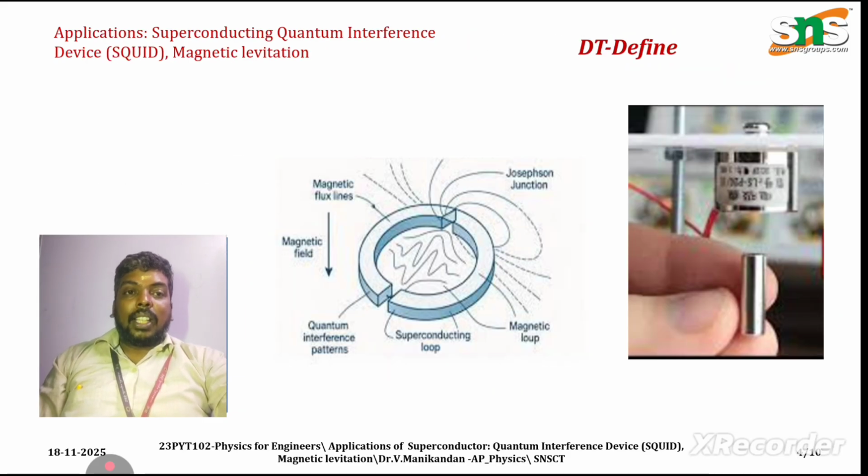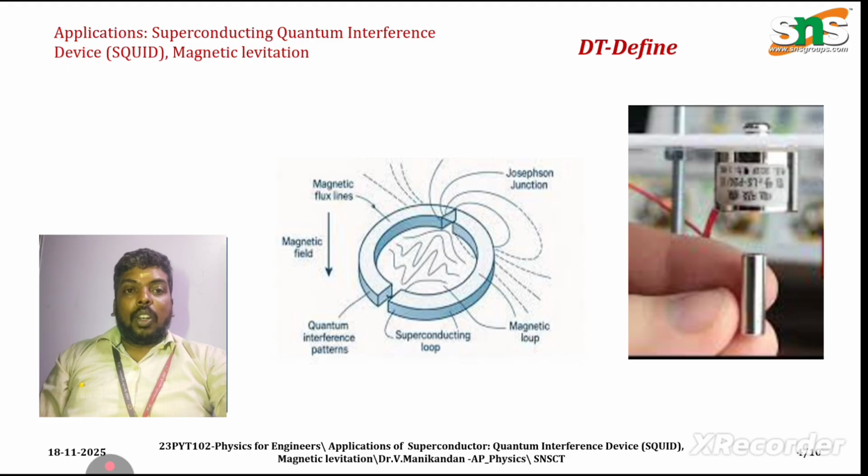This is the schematic diagram of a SQUID, the superconducting quantum interference device. You can see the circular part is called a superconducting coil, and there is a junction called a quantum interference junction, or Josephson junction. There are magnetic lines of force around that coil.